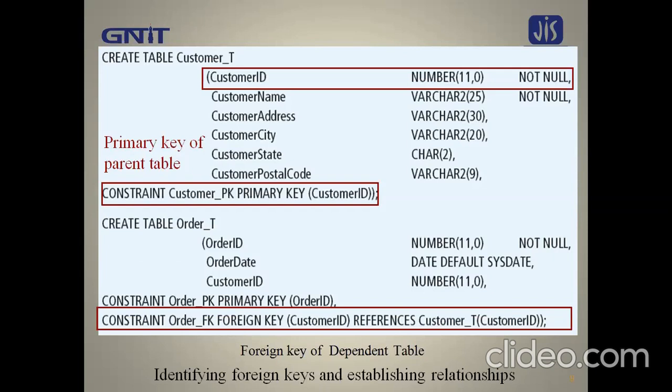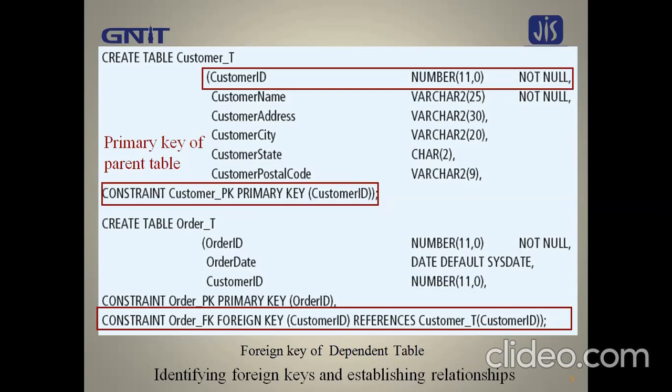Now, how to identify the foreign keys? Look at the customer table. The very first attribute, customer ID, is the primary key. Now that primary key is being used as the foreign key for the order reference, right?